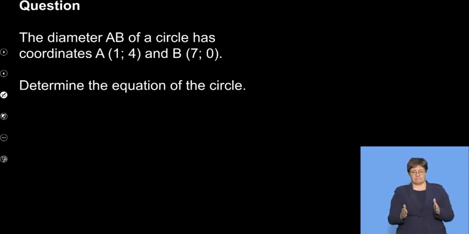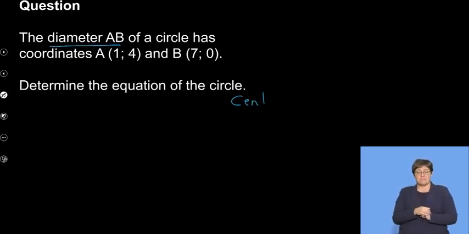The diameter AB of a circle has coordinates A, which is 1 and 4, and then B, which is 7 and 0. What is this? This is a diameter, right? So it means, for us to find the center of the circle, we must find the midpoint of AB, right?